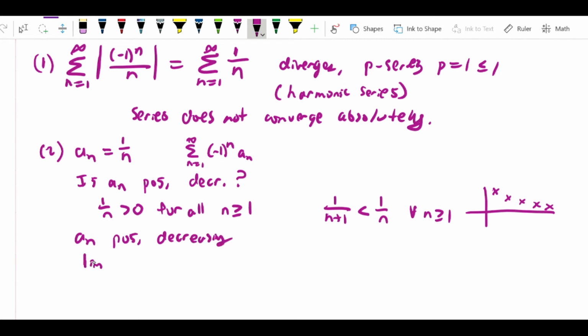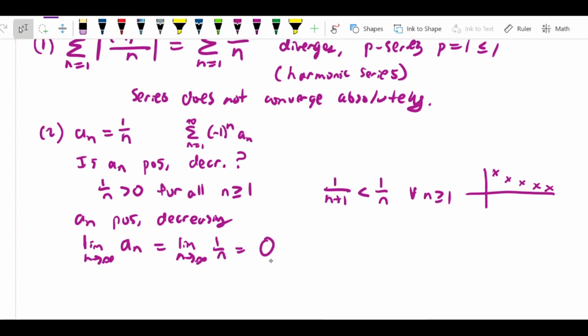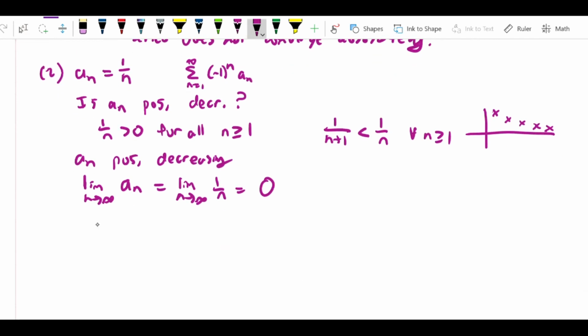Therefore, we calculate the limit as n approaches infinity of a_n, which is the limit as n approaches infinity of 1 over n, which we can easily see is 0. So if we have a positive decreasing sequence a_n, what does the alternating series test say?